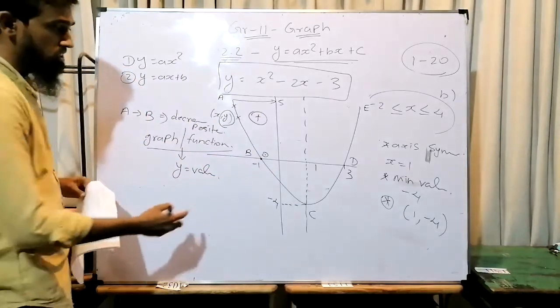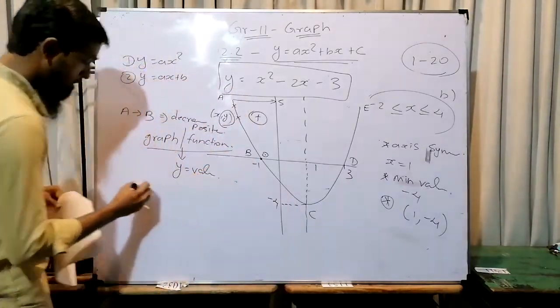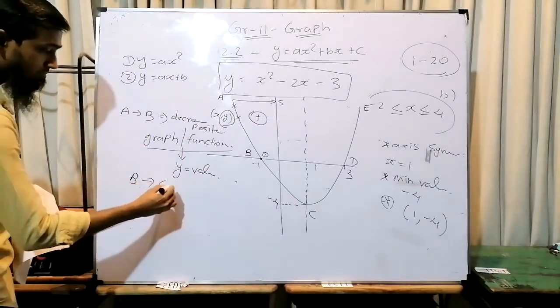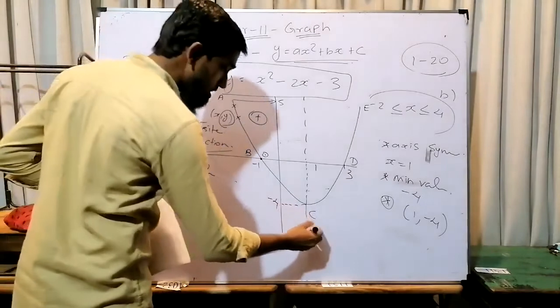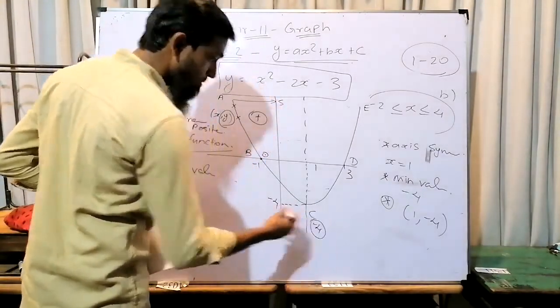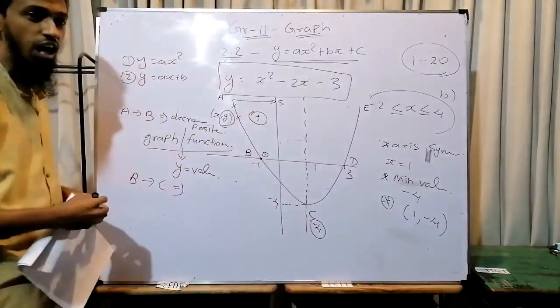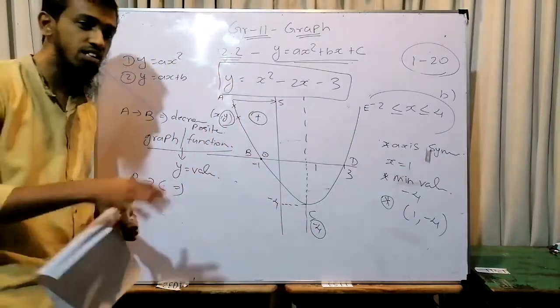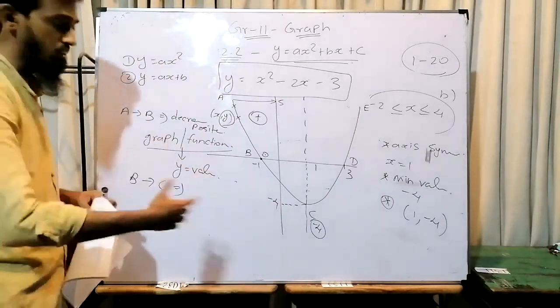Okay, check B to C. Exactly on point B, the value is 0. When it comes to C, the value is -4. So from 0 to -4, the value is still decreasing, but in negative.